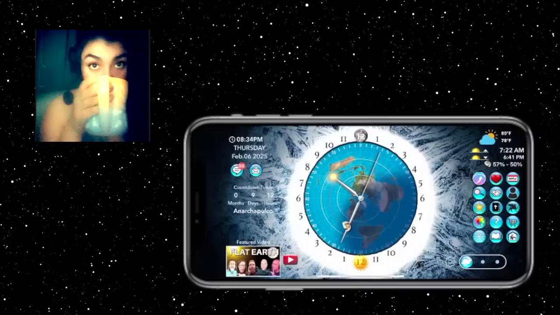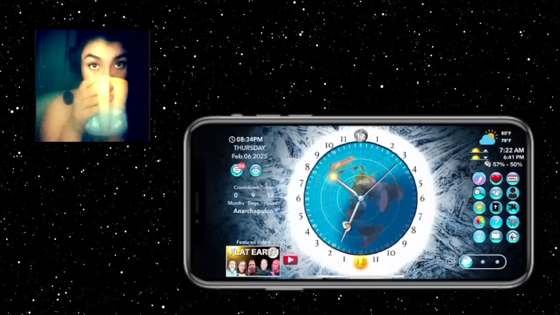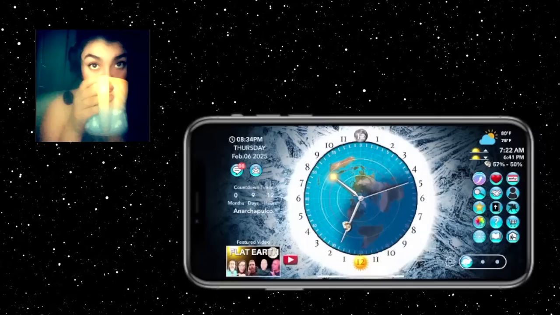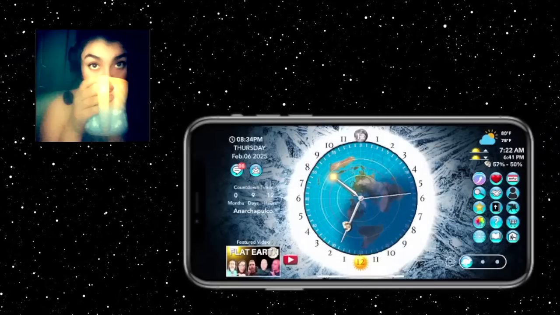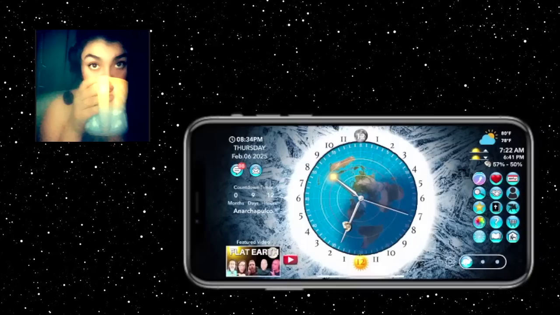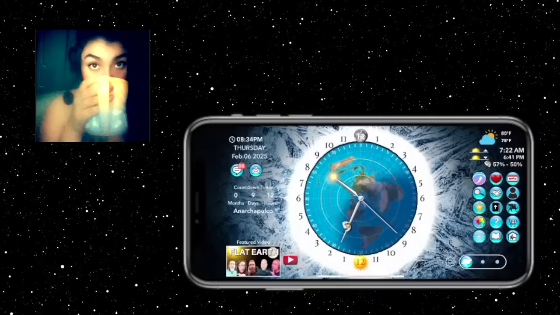At 10 miles, it's 66 feet. At 100 miles, it's 6,600 feet, over a mile of curvature. And the thing is, we can see things far beyond the limits of a globe. How's that for a start?